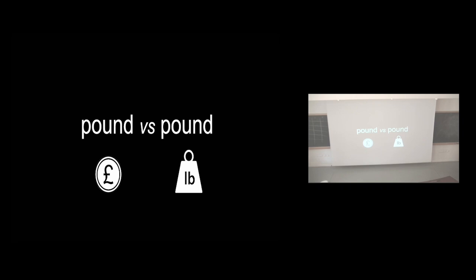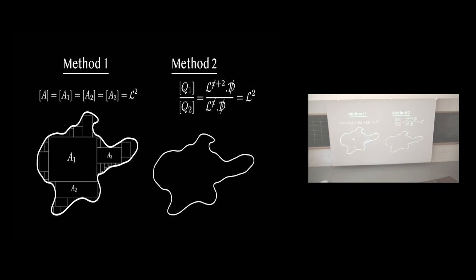So if you think back again about the area, in the first method, the dimensions of all of the terms of the equation, the area that we were looking for, and the area of all of the tiles that we were using in the process of solving the problem, all have the same dimension as the dimension of an area. In the second method, what you can use really is anything that will get you an area when you divide one by the other.